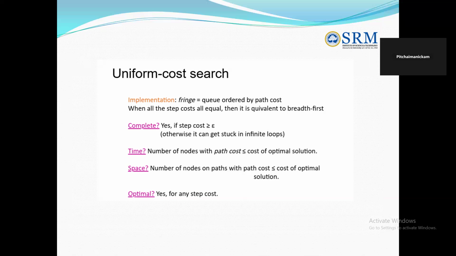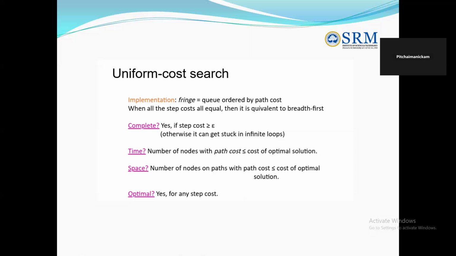Next is time, which is the number of nodes with path cost less than the cost of the optimal solution. Next is space, the number of nodes on the paths with path cost less than the cost of the optimal solution. So you just note it down.